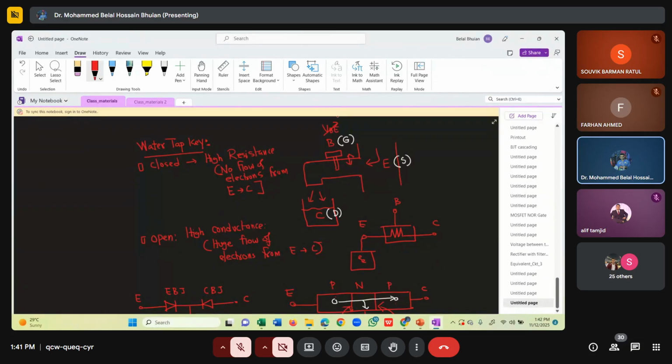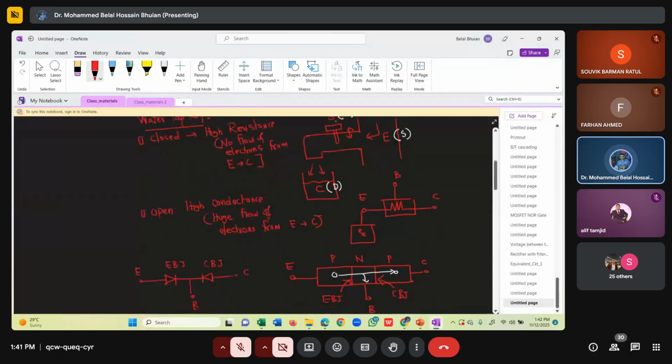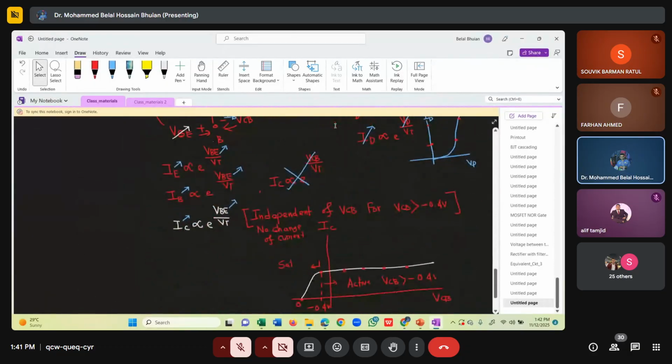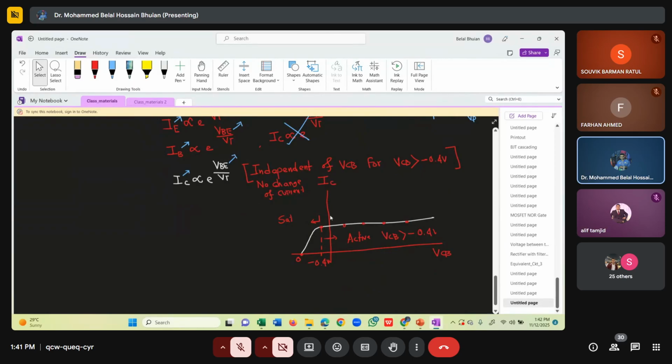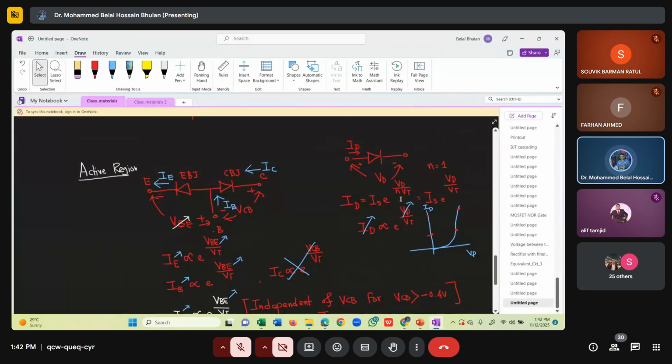If I increase VBE, it depends only on that. So now if you notice the characteristics of the BJT for the active region, between base and emitter it's like a forward-biased PN junction diode, and between base and collector it's like a dependent current source, because the current is constant. We are applying VCB, but VCB is not changing the current. So current is independent of VCB, so it must be a current source.